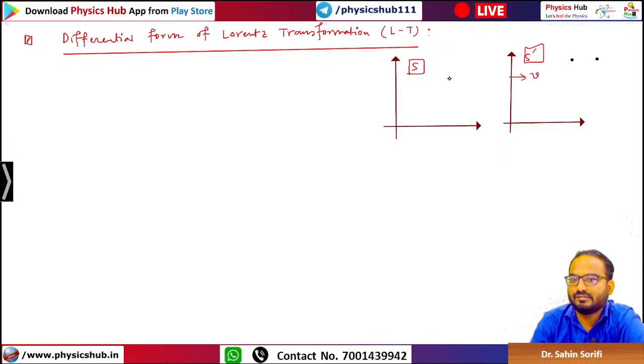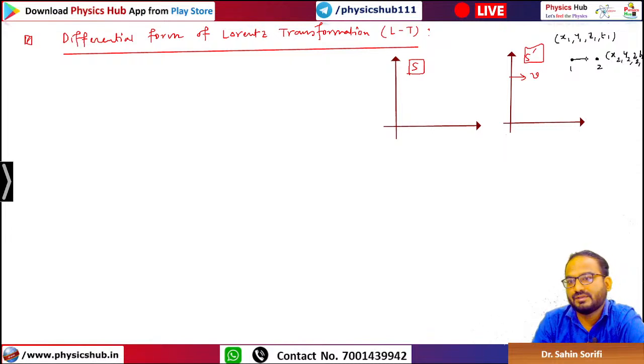If I measure it with respect to S, it will be x1, y1, z1 and t1, and the next point, point 2, will be x2, y2, z2 and t2. The same thing measured from the S prime frame will become x1 prime, y1 prime, z1 prime, t1 prime, and x2 prime, y2 prime, z2 prime and t2 prime.